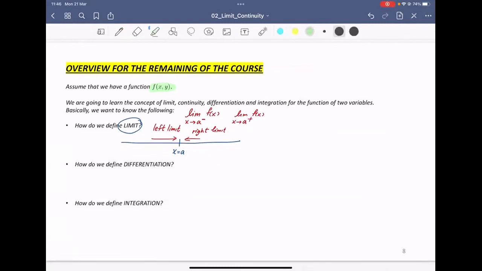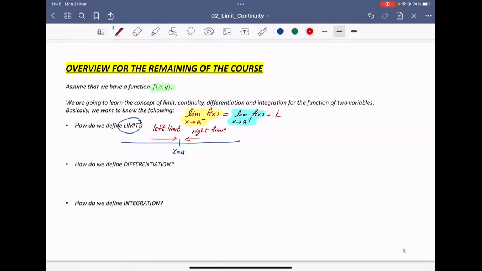These are two different notations: x goes to a minus means going to a from the left, and x goes to a plus means going to a from the right. If they are equal to each other, bam, the limit exists, and limit equals L. Good. That is what you learn in Calc 1.